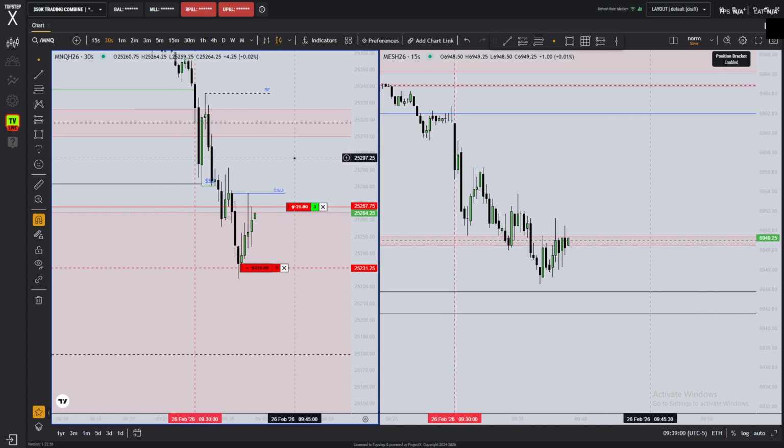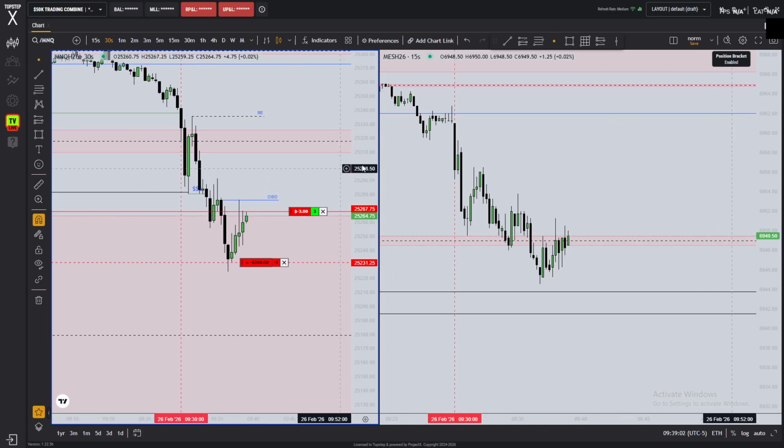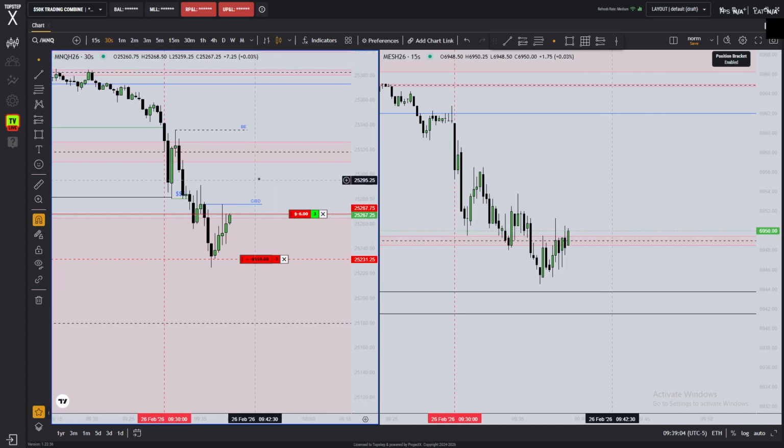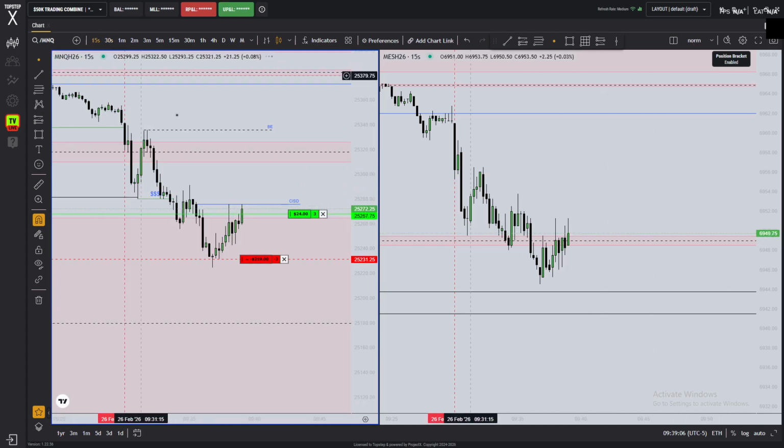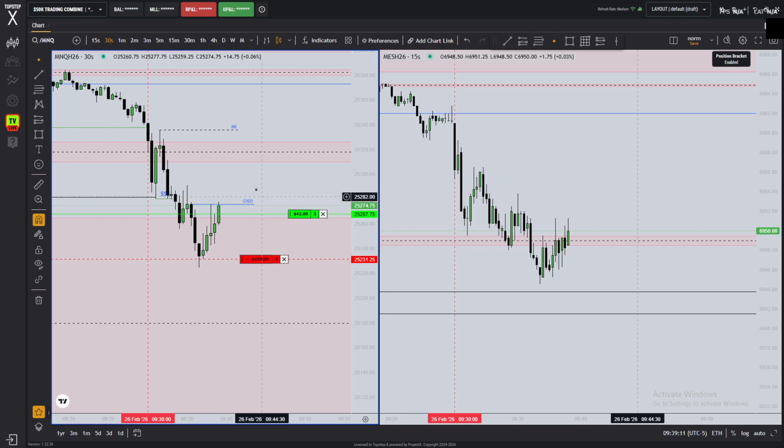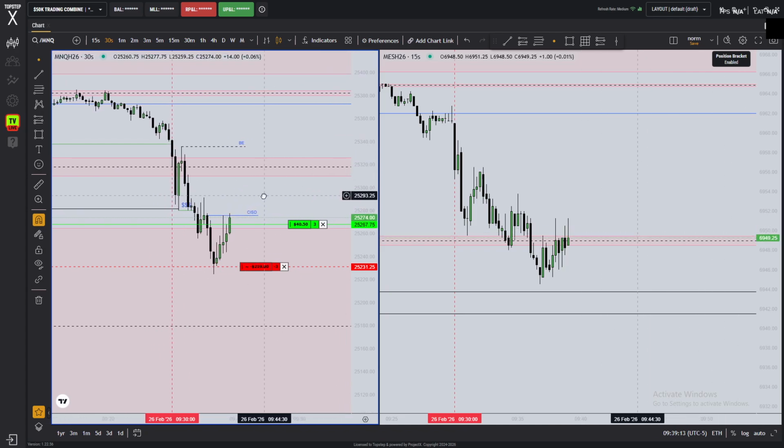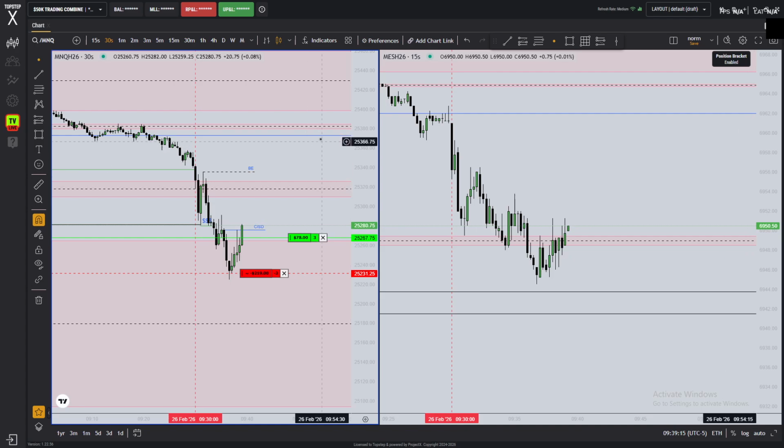So I'm going to continue to look for legs up out of this move. I took it off of the 15-second getting invalidated. Was confident. We pulled back to it. I entered prematurely, but I'm still looking for a 30-second to validate this trade.